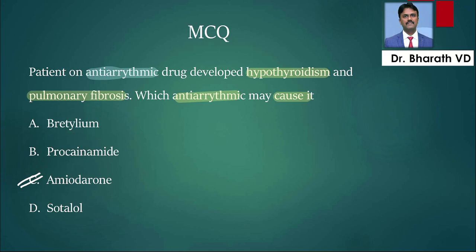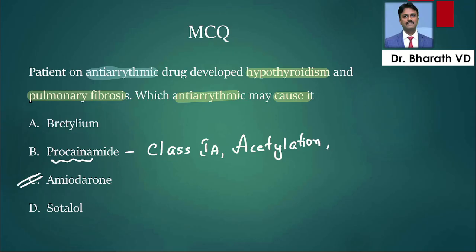Now, procainamide belongs to class 1A antiarrhythmic and the drug undergoes acetylation. You know a mnemonic called SHIP. The SHIP drugs undergo acetylation. So again, procainamide has one specific adverse effect, that is drug-induced lupus.